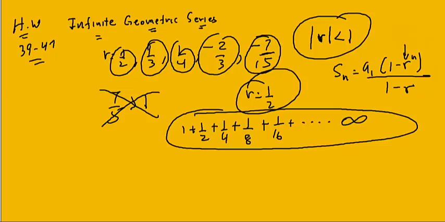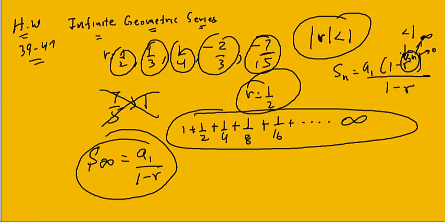If the absolute value of r is less than 1, as n goes to infinity, r to the n gets so small that it goes to 0, and my formula becomes S sub infinity equals a sub 1 over 1 minus r. That's all I need. I can add up an infinite number of terms using that formula, provided that the absolute value of my ratio is less than 1. That has to be true.